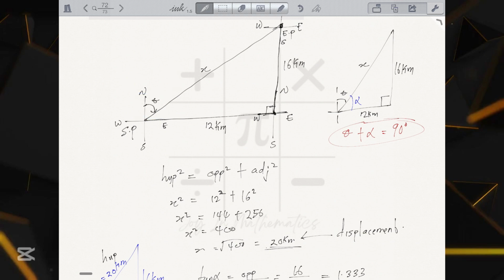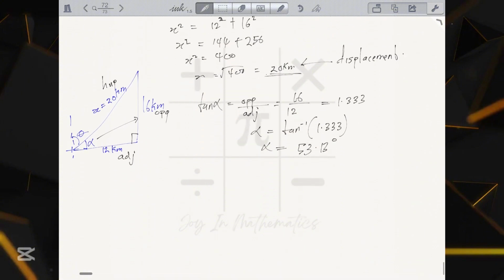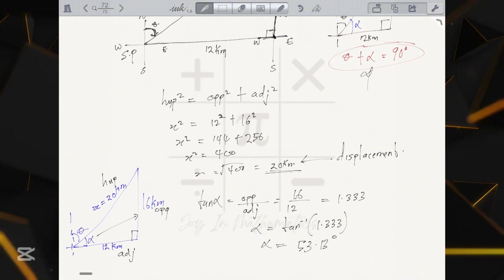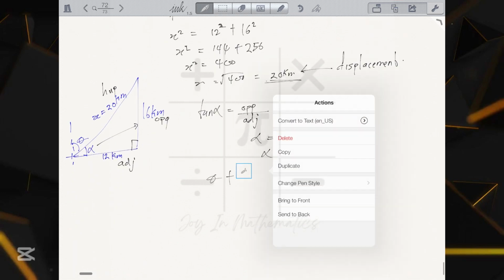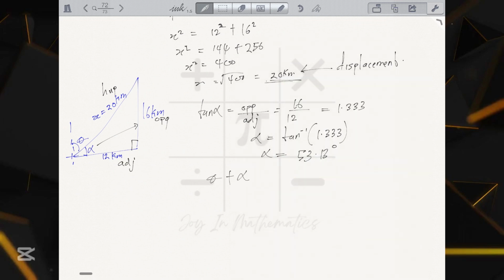Now we understand that the bearing starts reading from the north. That is why the bearing is this, from the north. Therefore, using our formula that theta plus alpha is equal to 90 degrees, we can evaluate theta, which is the bearing. Theta is equal to 90 minus alpha, which is 90 minus 53.13 degrees.